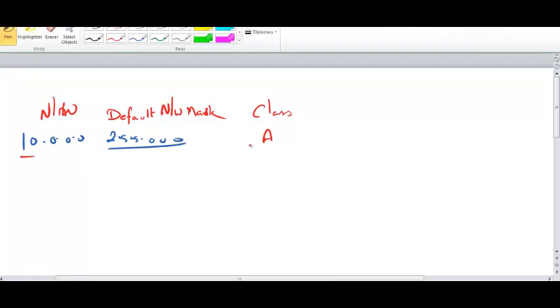So for class A, this is the default network mask. Now my question is, what will be your first IP address in this network? How do you know which one is the first IP address? You see, 10 is the network, we already know.